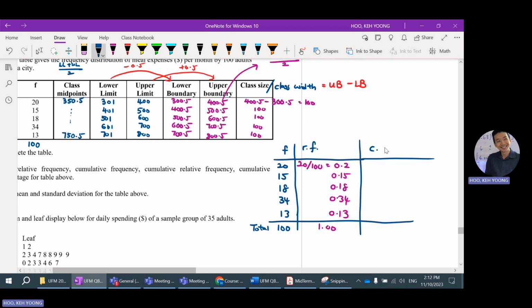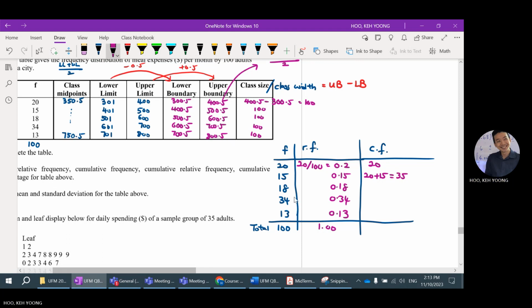Cumulative frequency. I'll just use short form here. Cumulative frequency is adding up the frequency from the first class up to the specific class interval. So first class, 20. Second one will be 20 plus 15. You just add up from the very first class.